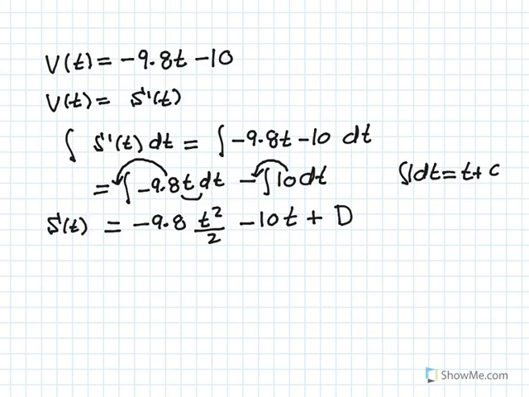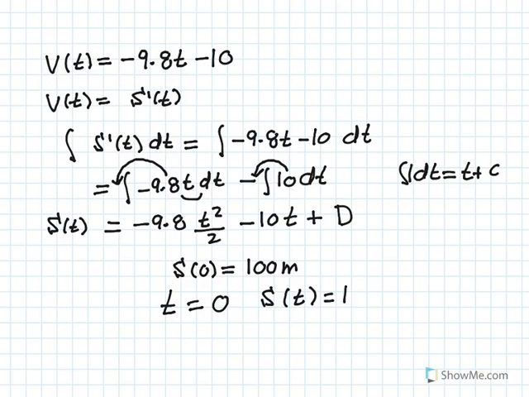Now we know that the initial height of the ball is s of 0 equals 100 meters. That means when time is 0, s of t is 100 meters. So let's substitute s of t is 100 and time equals 0.